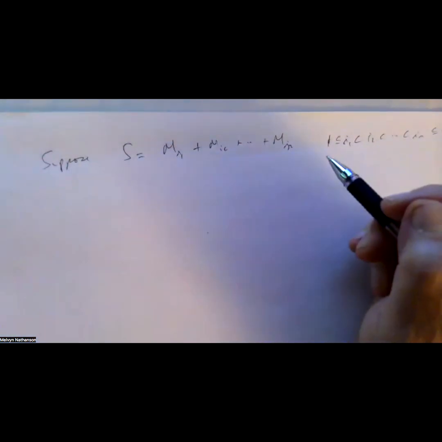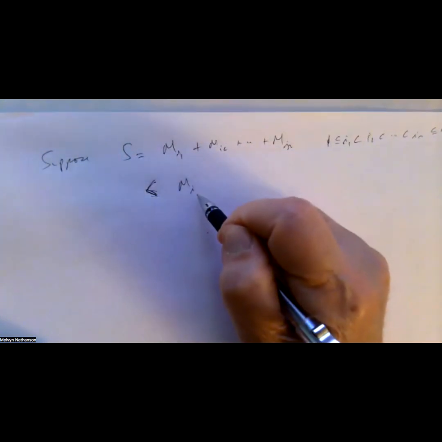Then s is less than m sub i_r plus 1, because the next term in the sequence of m's is bigger than the sum of all of the previous m's.